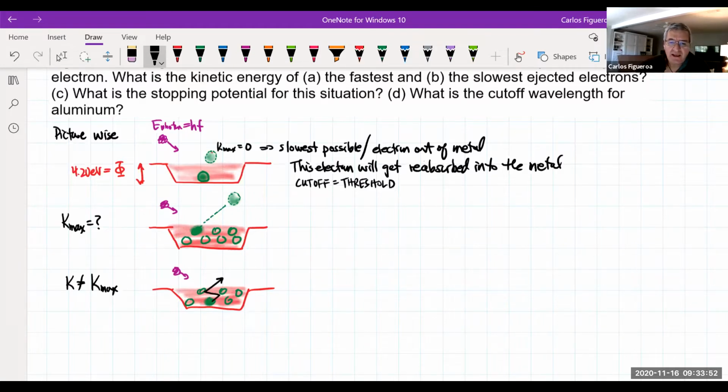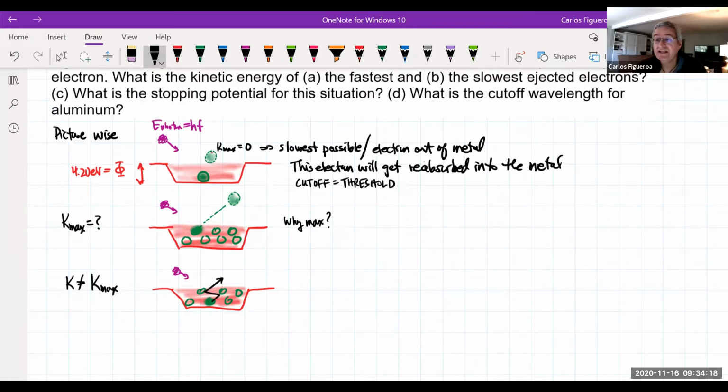Now, when do you get Kmax? Why is this the maximum kinetic energy? What you find is that you have a layer at the very top of the metal, the layer of the metal skin, if I could say that.